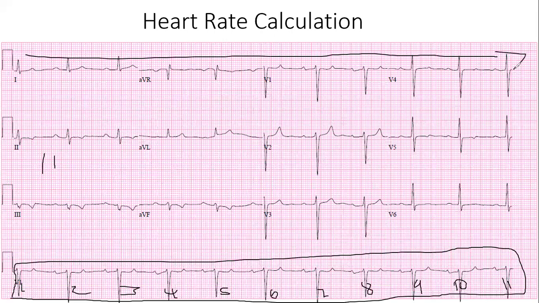So now we need to do our conversion. We just multiply the number of R waves by 6, and that's going to give us 66 beats per minute. As simple as that. 66 beats per minute. So this is the first method that you can use to calculate heart rate. And the nice thing about this one is that you can use it for both regular and irregular rhythms.